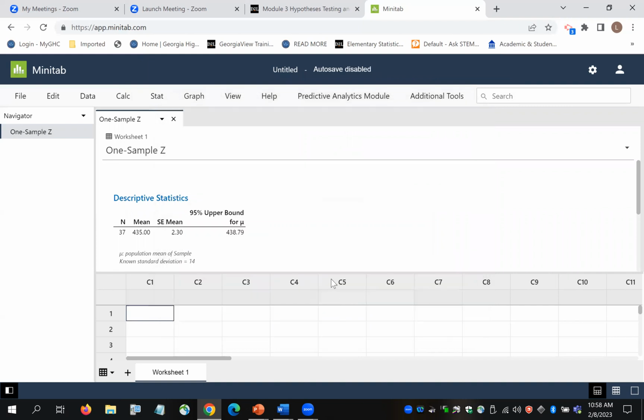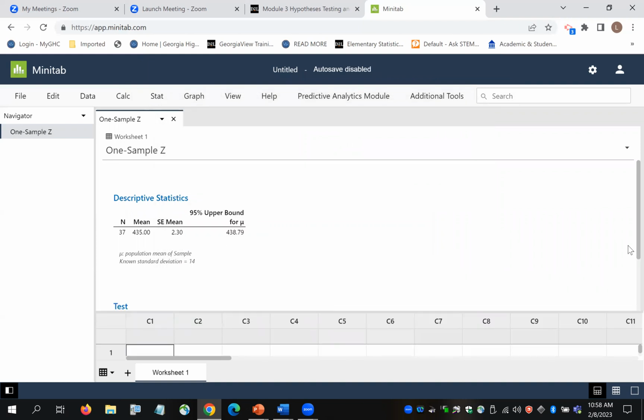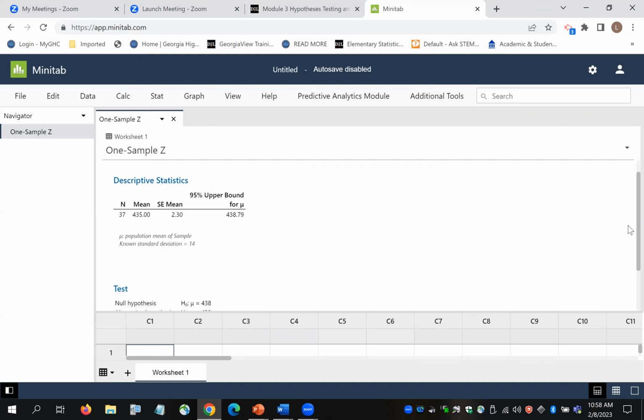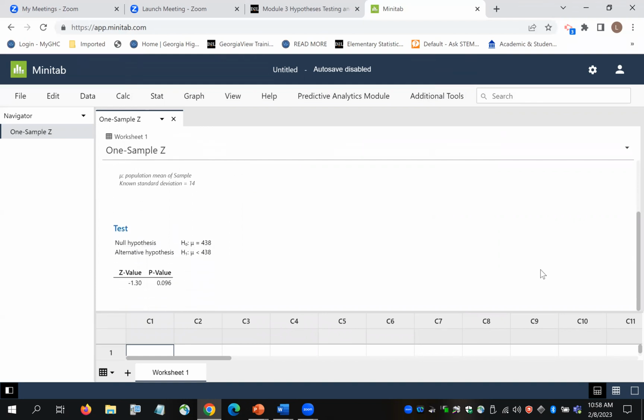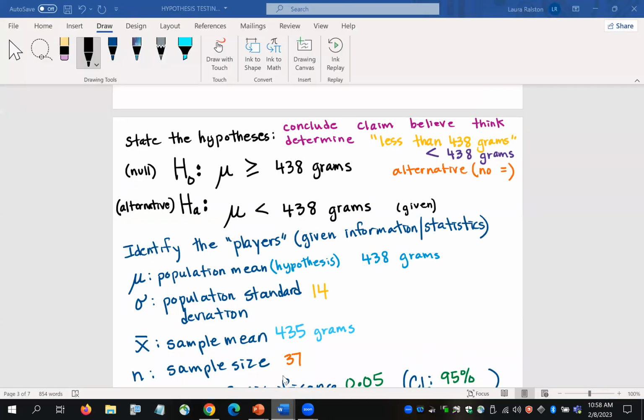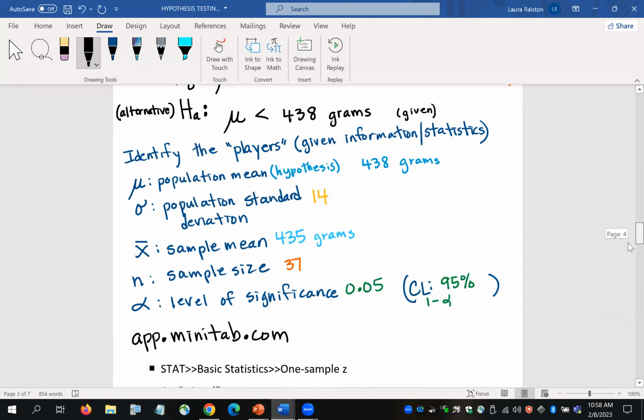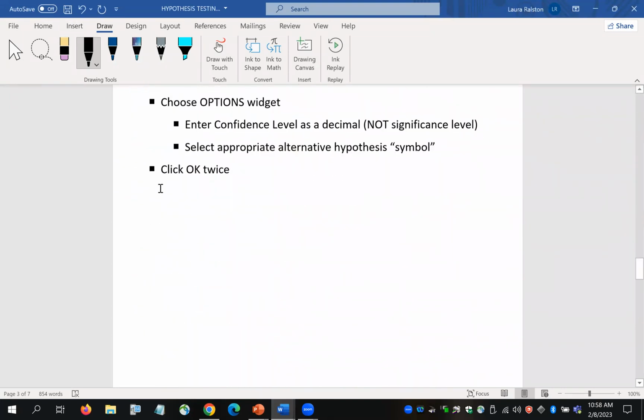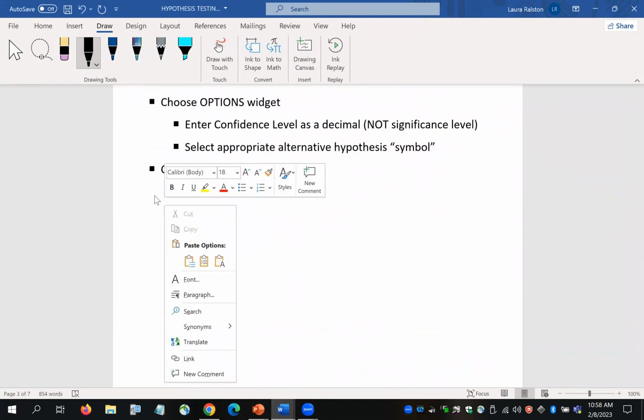And I get lots of information. It gives me the descriptive statistics, but I'm going to scroll down to where it says Test. I find the blue header that says Test, and I'm going to copy this over to my paper so we can talk about it. So we go to Minitab and we get our results.